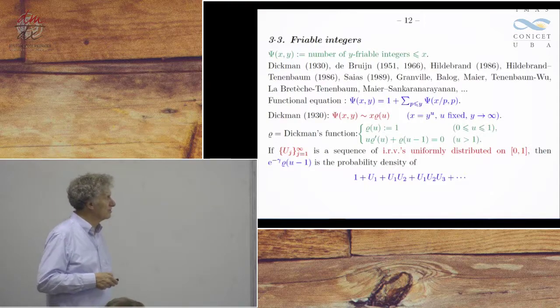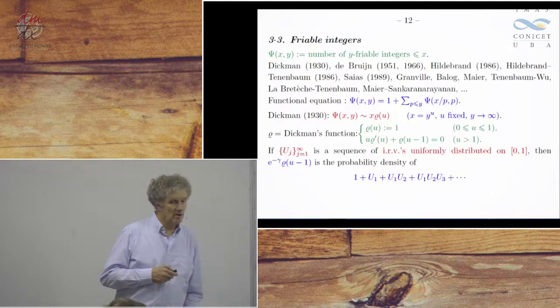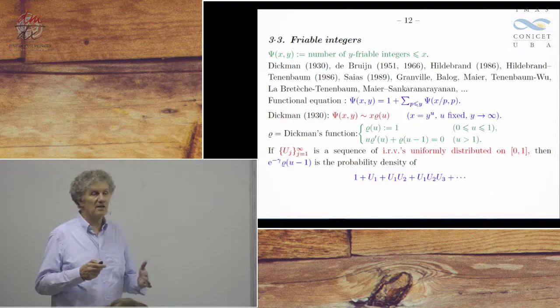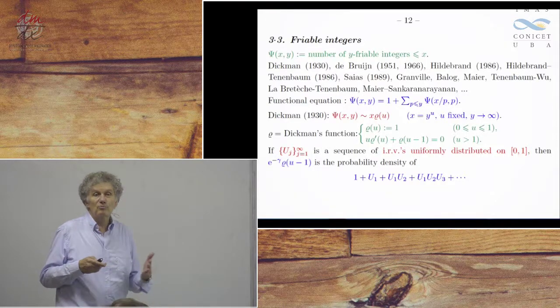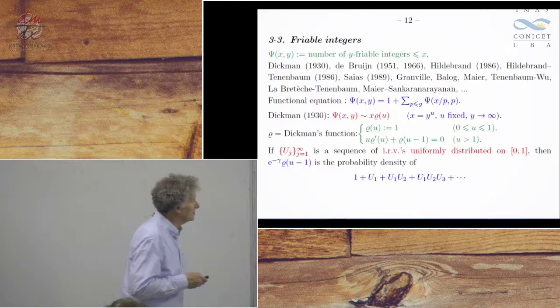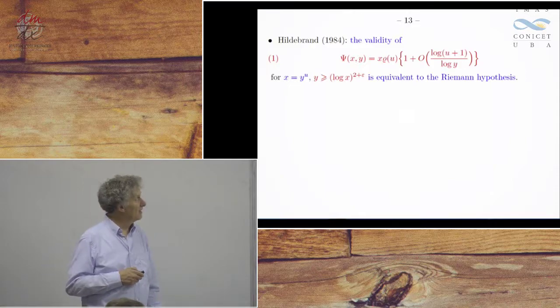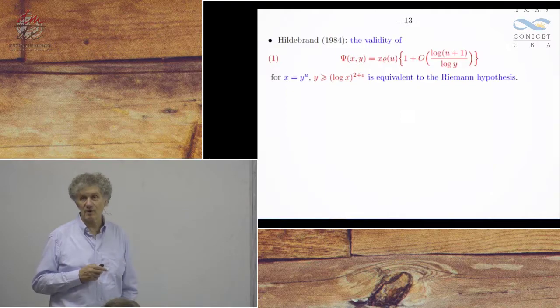Now, of course, this is only true when u is fixed. So you take integers up to x, all of whose prime factors are less than root x, or x to the 1/3, or x to the 1/100. But we want to go beyond. So what can we do to go beyond? And Hildebrand proved in 1984 that the validity of essentially Dickman's result, if it is extended to y larger than (log x) to the 2 plus epsilon, is actually equivalent to the Riemann hypothesis.